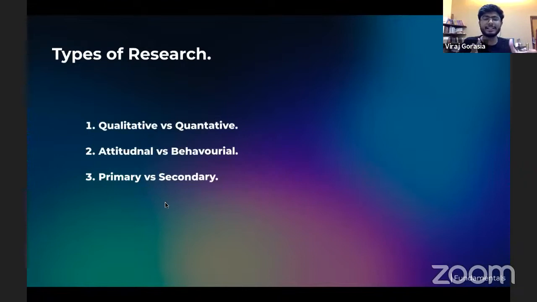So these are the 3 types of research. Let me just encapsulate every one of them. Qualitative versus quantitative: qualitative is emotions, quantitative is numbers. Attitudinal versus behavioral: what they say and what they actually do. Primary, getting information directly. Secondary, getting information from any other source.